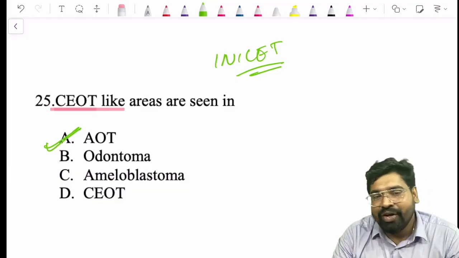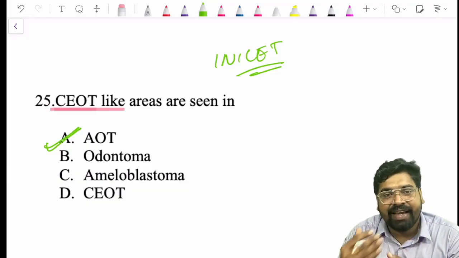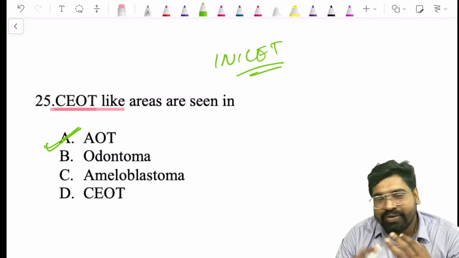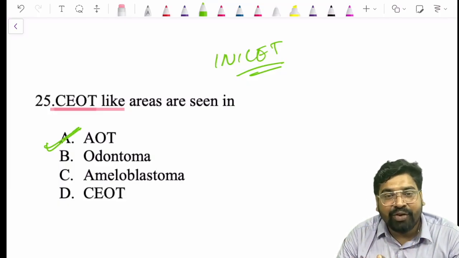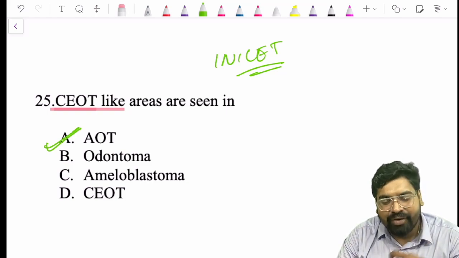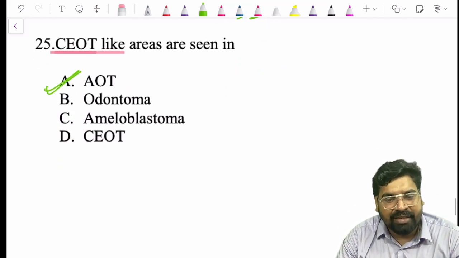If you have not seen the video of AOT, please revise it. The six histological features you see in the AOT are: the cell-rich nodules, the hyaline ring, the microcystic structures, the rosette pattern, the convoluted double row pattern, and CEOT-like areas. Please go and see that question.